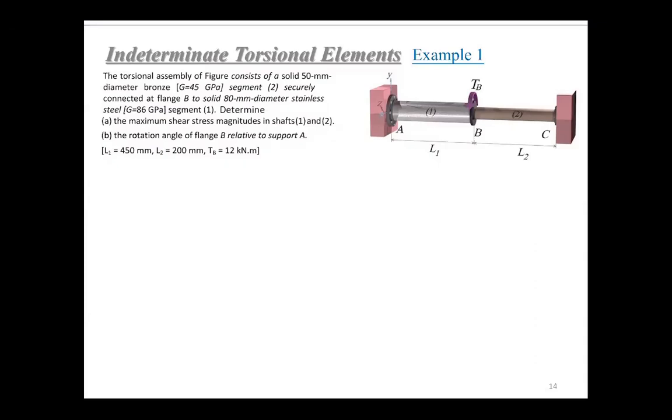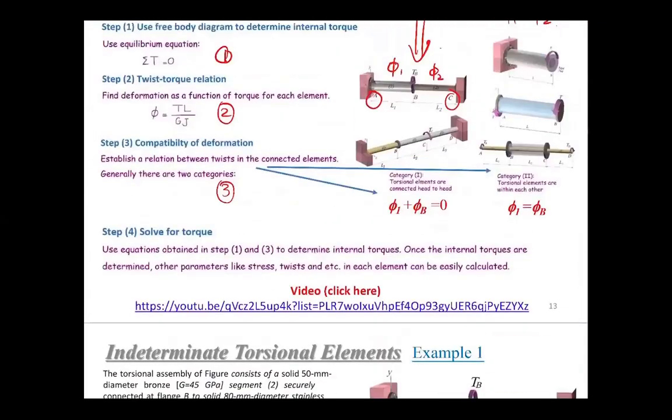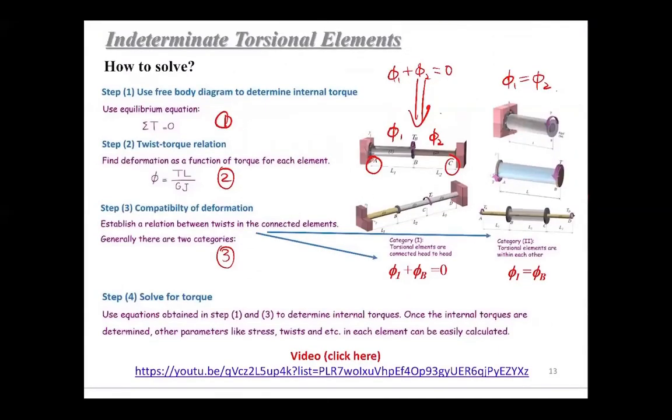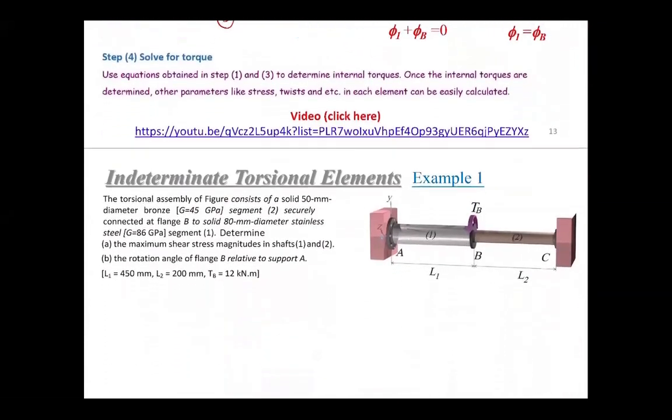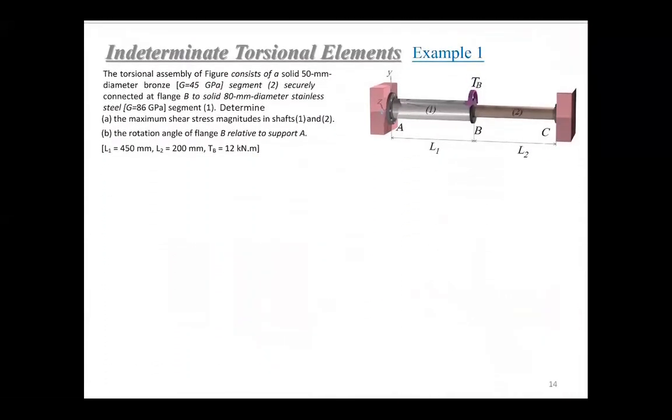You have only these 2 situations. Situation 1, phi 1 plus phi 2 equals 0. Situation 2, phi 1 equals phi 2. Only 2 possibilities. This will be easier than the last chapter. Okay, let's look at the first example.